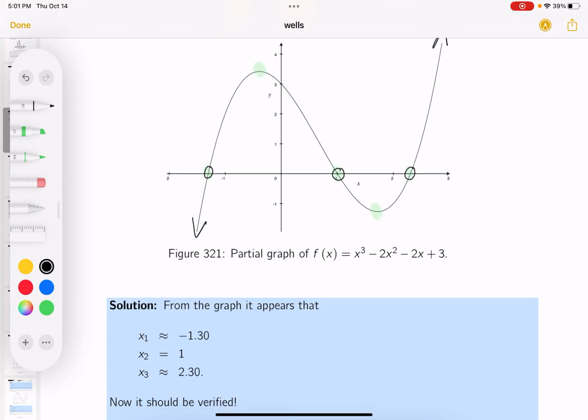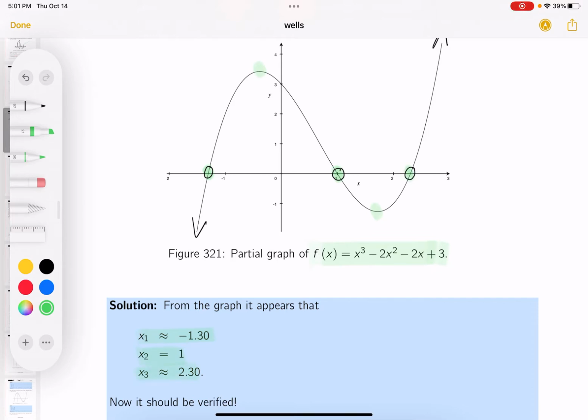Because I don't know exactly, but I do know this is the function, and I'm claiming it really does look like one of the roots is about -1.3. That's right over here. I'm going to have -1.3 there. I'm going to claim this looks like 1. We'll verify this. And I'm going to claim that this looks about 2.3 to me.